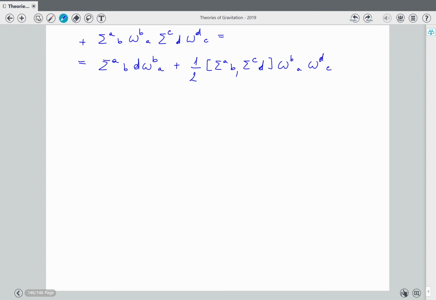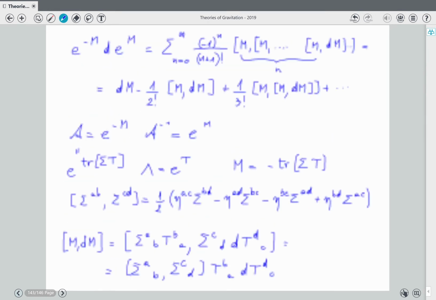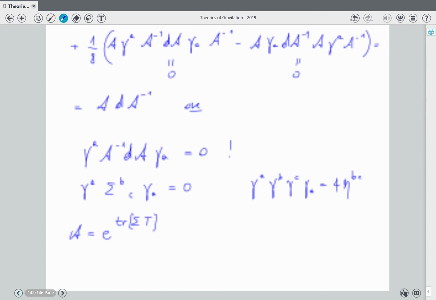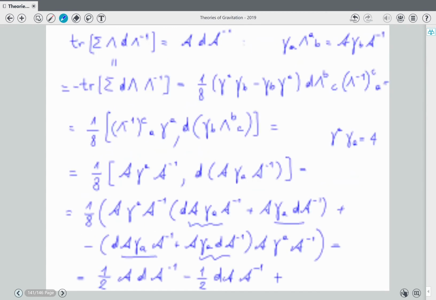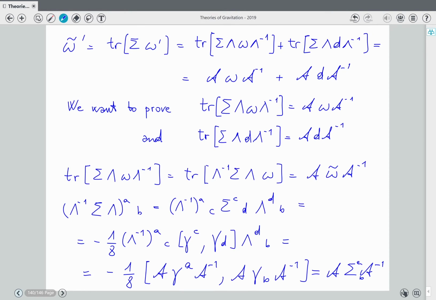But now we know what the commutator is, and so we just introduce the formula for the commutator. So the commutator was what?